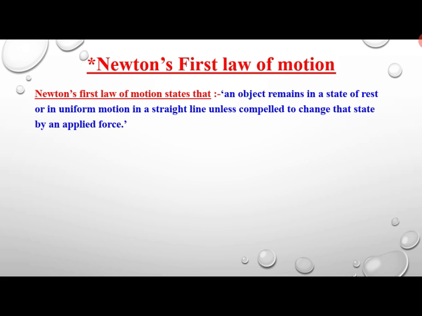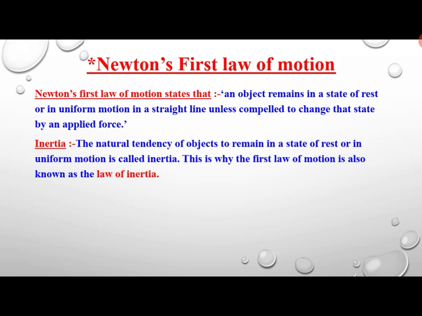So the object at rest will remain at rest and the object in motion will remain in motion. In order to change the state, we need to apply some unbalanced force.